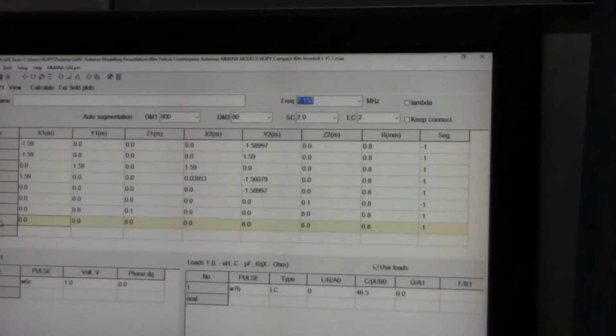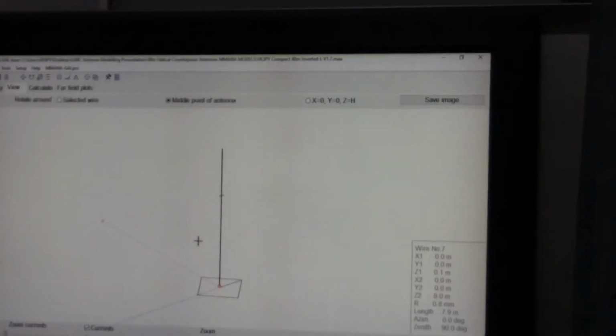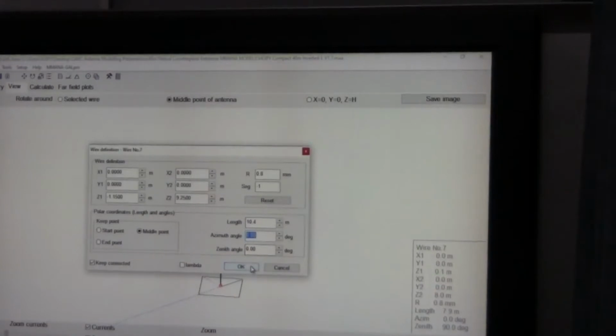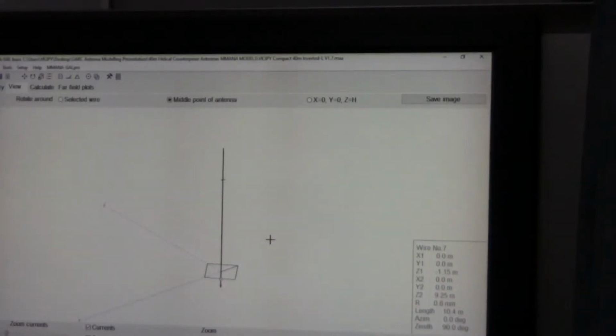Number 8 is not vanishing. Okay, so I've got a ground plane. I'll make this vertical bit 10.4 metres long. So we've still got a ground plane. Now, I did that.